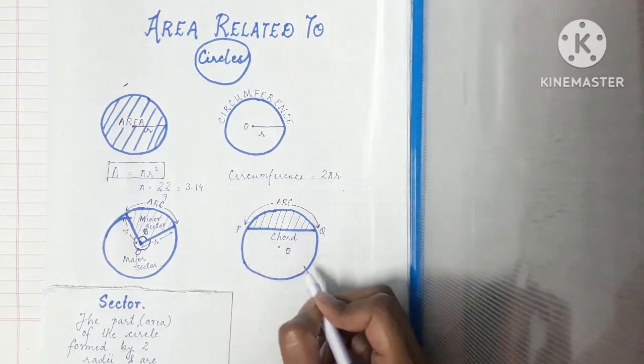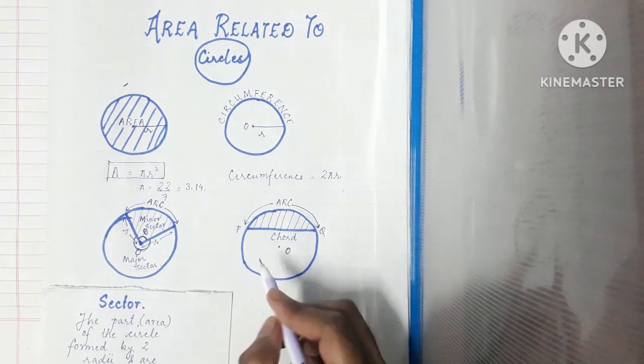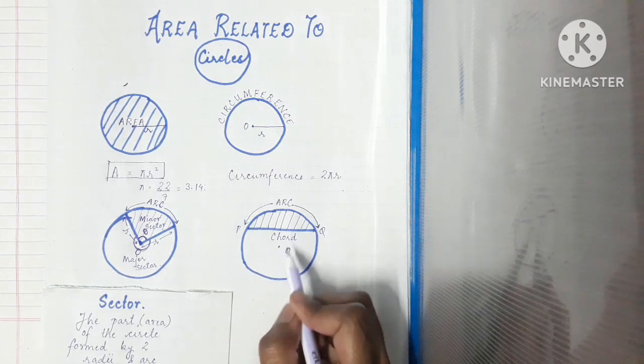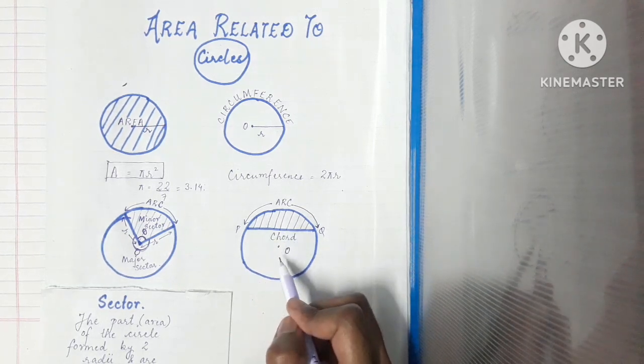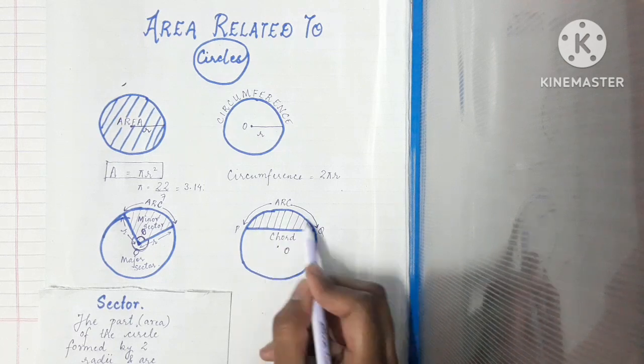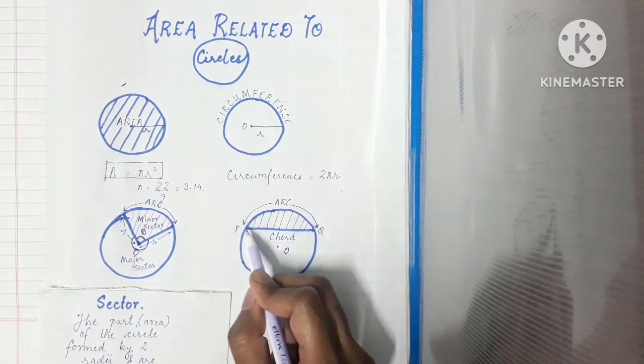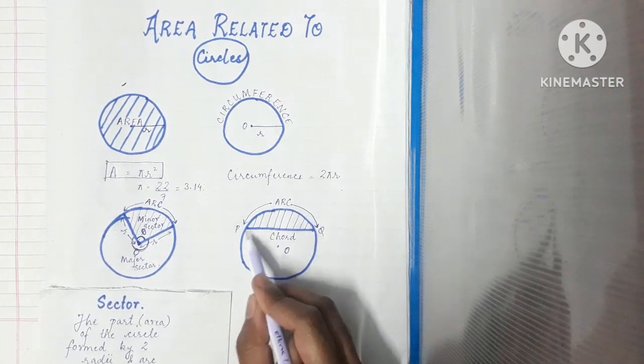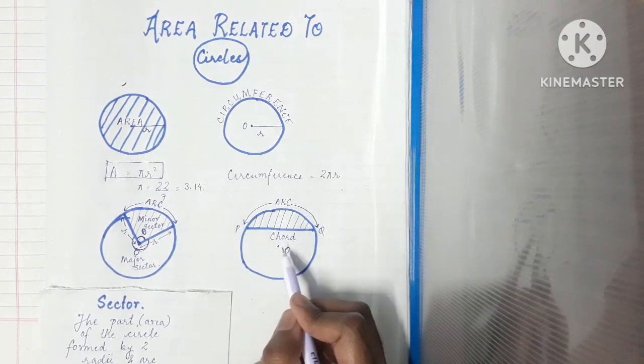Here also, if we carefully look, the circle is divided into two parts, the smaller part and the larger part. So this is also a segment. Why? Because it is the area enclosed by the chord and the arc, and this is also a segment of the circle.